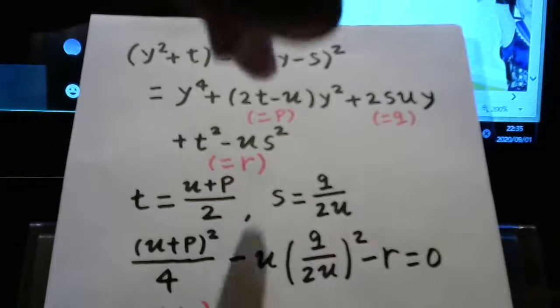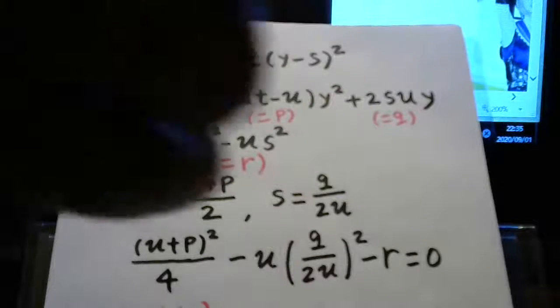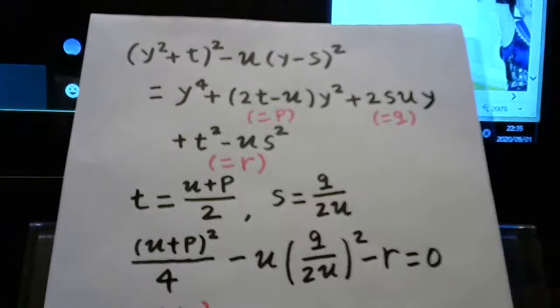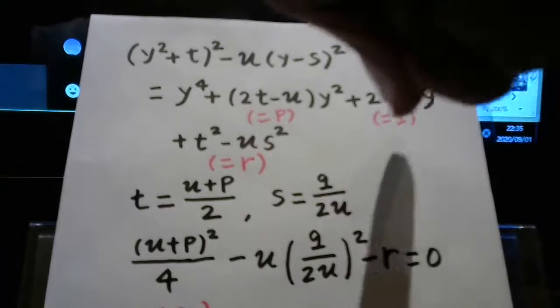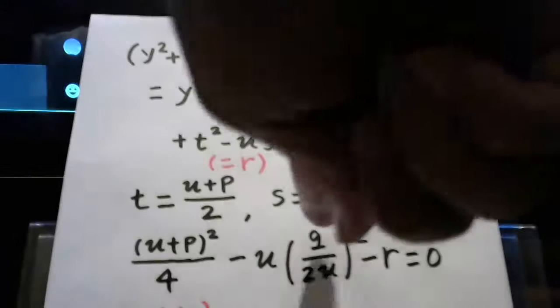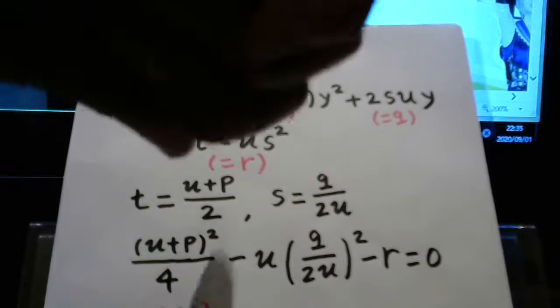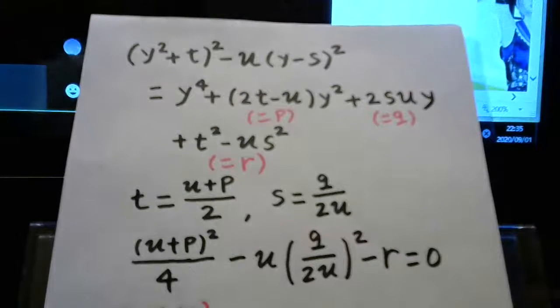And from this equality, we have t equal to u plus p over 2. And from this one, we have s is equal to q over 2u. And we plug them into this stuff.